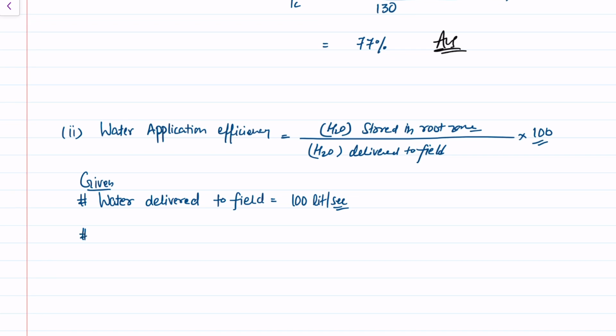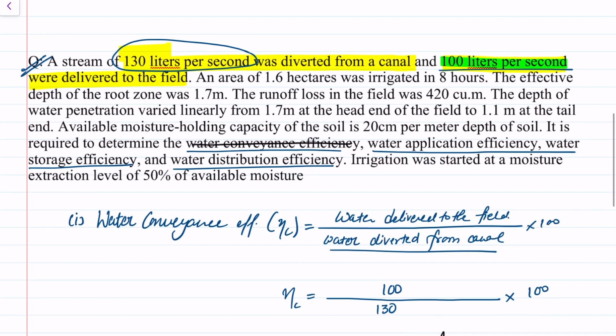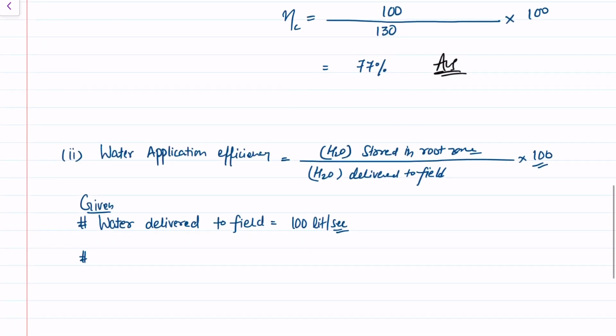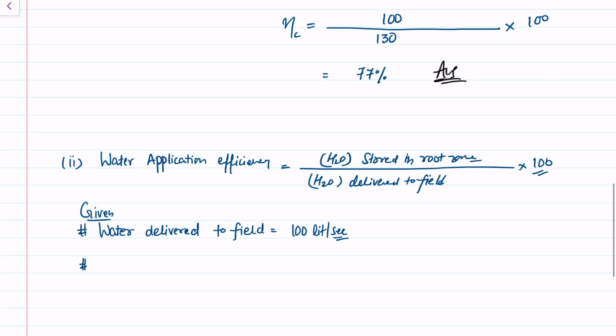And do we have the water stored in the root zone? Let's see: an area of 1.6 hectares, effective depth of root zone, runoff losses, etc. So not a direct value of the water stored in the root zone is given to us.